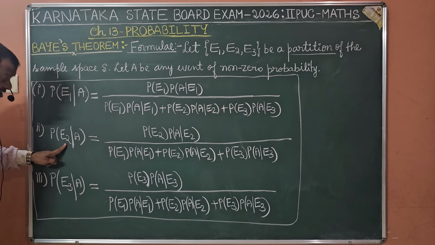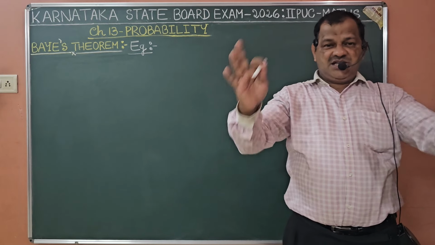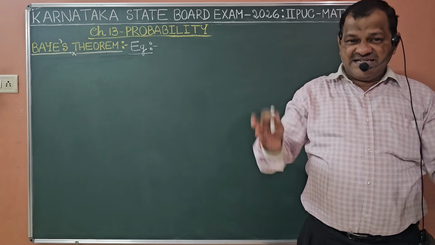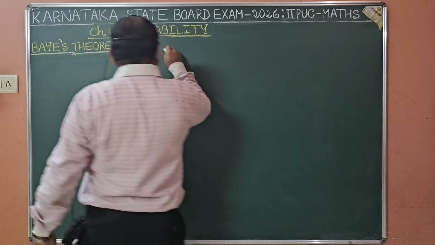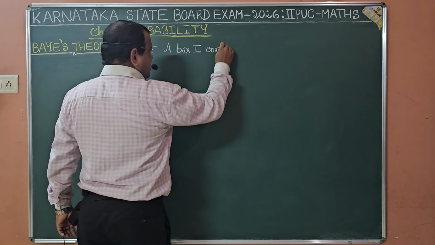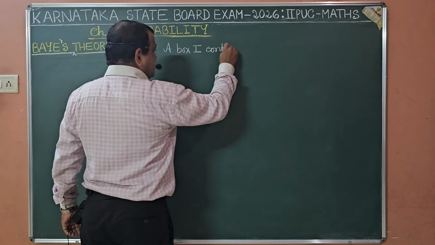Now I would like to explain one example to base the theorem containing only 2 events. With the help of this you should be able to understand almost all the sums using Bayes' theorem. Let us see how it goes. Assume there is a box 1 containing 3 red and 9 black balls.